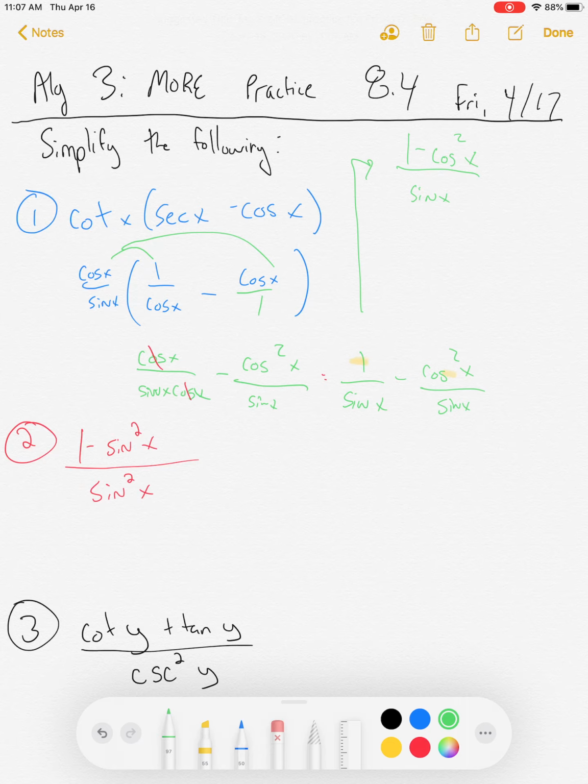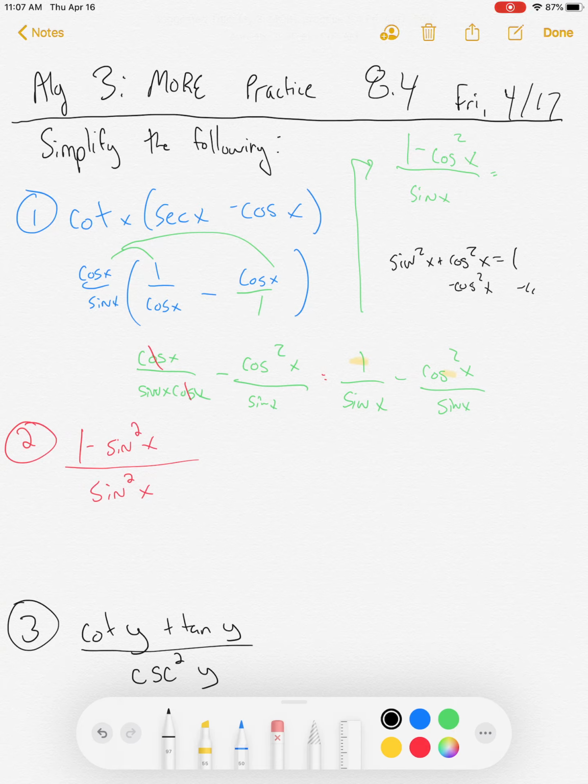Ooh, that's a Pythagorean relationship. If you manipulate the first Pythagorean relationship, sine squared plus cosine squared equals 1, you can get this down to, I'll write that down for you. So our Pythagorean relationship is sine squared x plus cosine squared x equals 1.